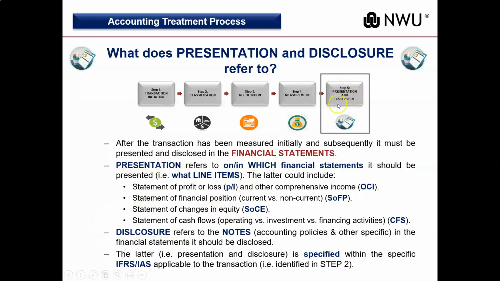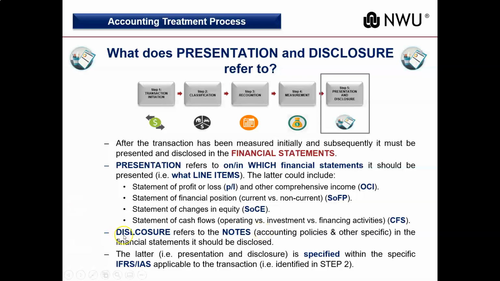Disclosure is all about the notes to the financial statements. We don't want to clutter these financial statements with too much information. So we'd rather keep them as slim and trim as possible. And if we need to explain something further to the users of the financial statements, we put it in a note to that specific line item, where we describe to the user exactly what that item was all about.